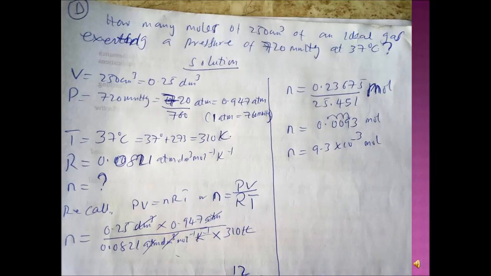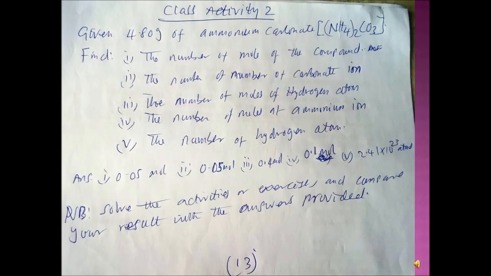The temperature given in degrees Celsius had to be converted to Kelvin. When you input it and do the cancellation, dm cube cancels dm cube, atm cancels atm, and Kelvin cancels Kelvin. At the end of the day, we have 9.3 times 10 raised to the power minus 3 mole.